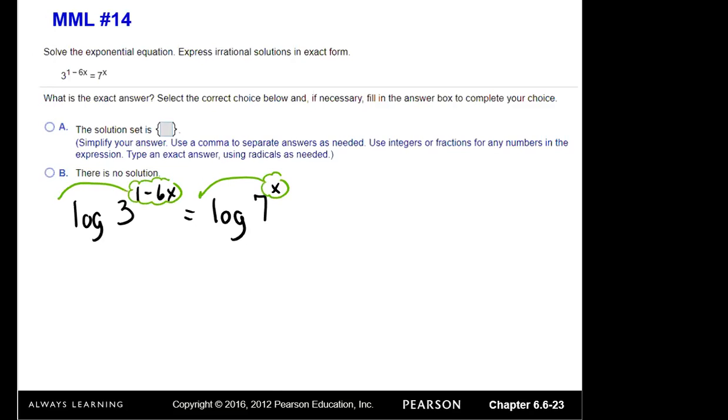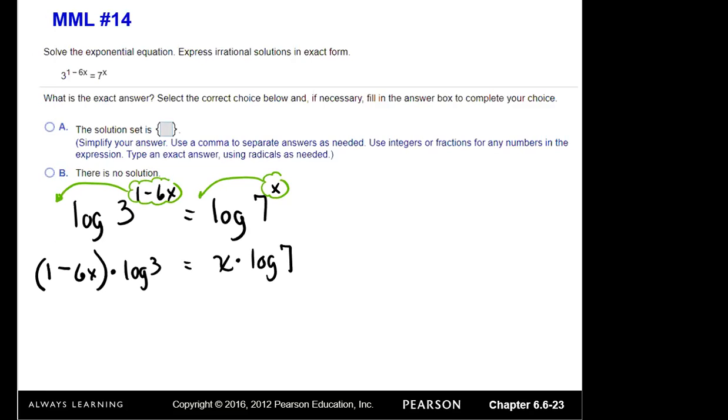So we're going to have to fly them out in front. So I'm now going to have, and it's a binomial, put it in parentheses, (1 minus 6x) times the log of 3 equals x times the log of 7.